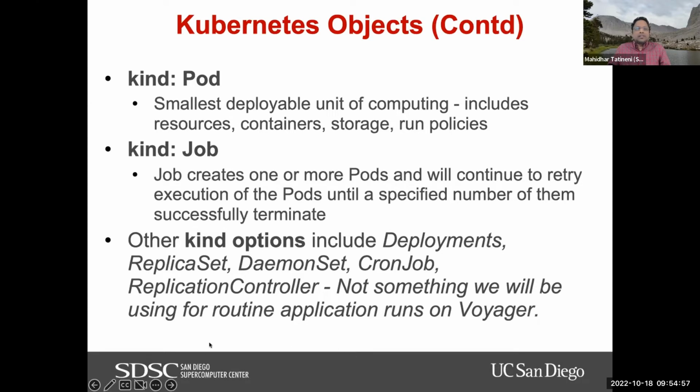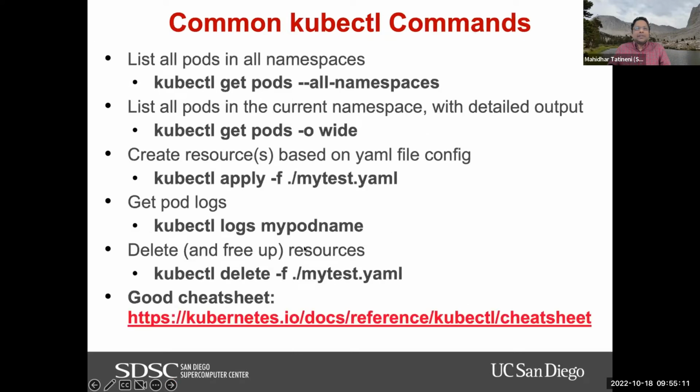Not so relevant on Voyager, but you could do some of these things if you want to. And it could turn out that one of you has an application that needs something more like a service. But right now, we just focus on the first two, the pods and the jobs.